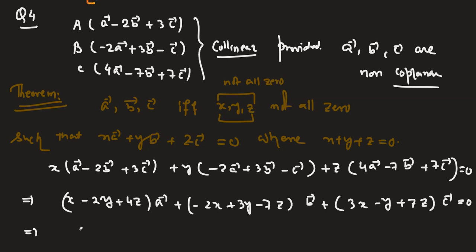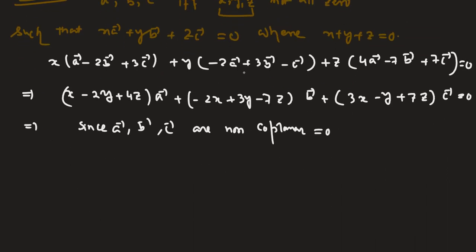Non-coplanar. Since a vector, b vector and c vector are non-coplanar and their combination is 0, it is possible only if all the coefficients of these vectors are 0.